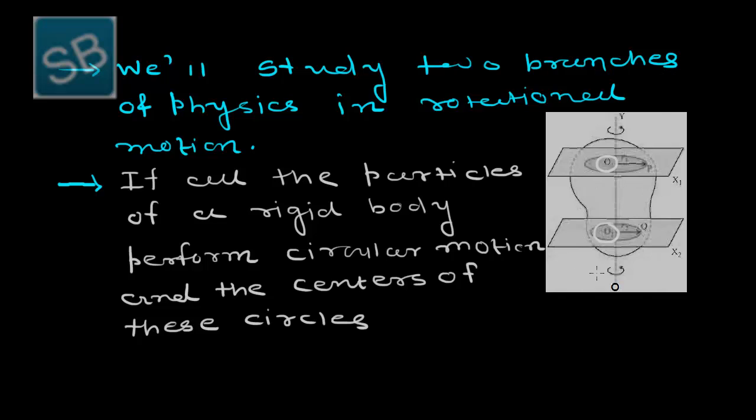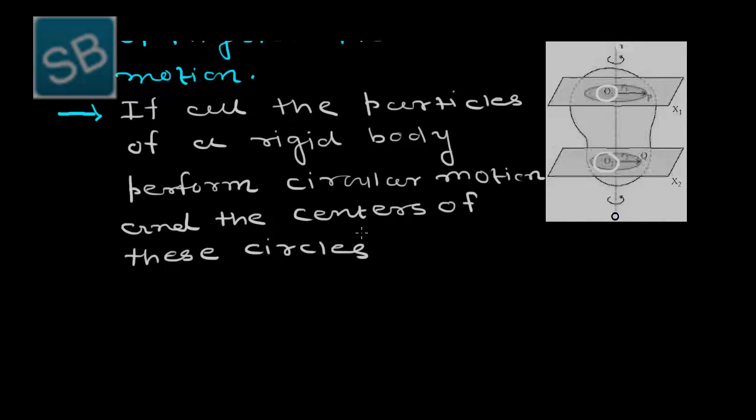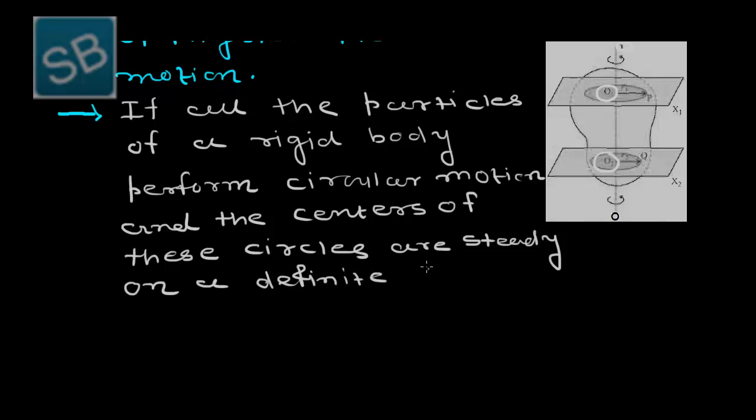In both cases, the centers are steady on a straight line. Here the straight line we have considered is the y-axis. And the straight line is called the axis of rotation.